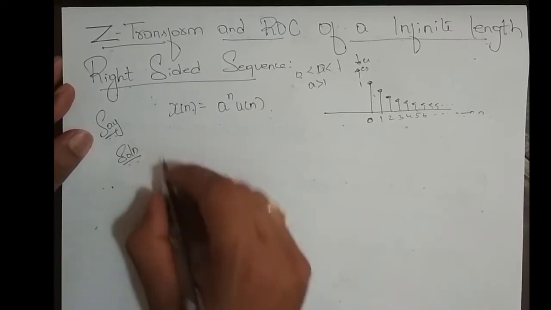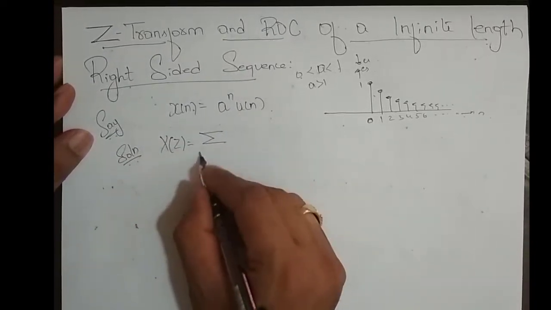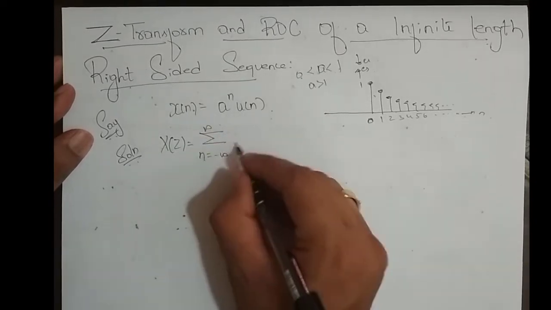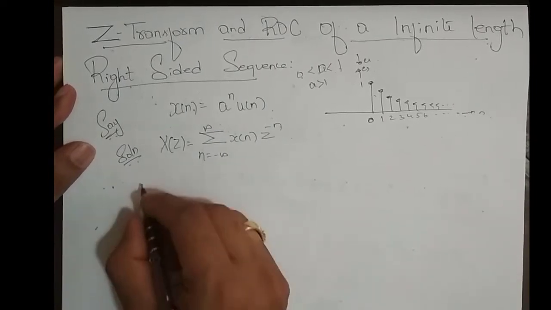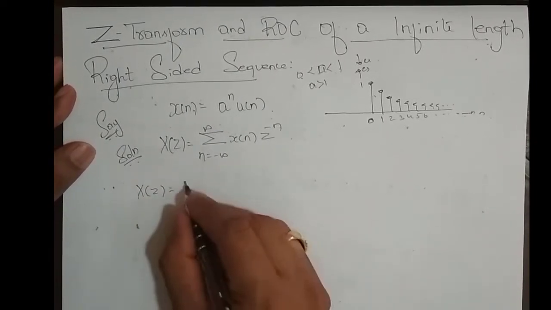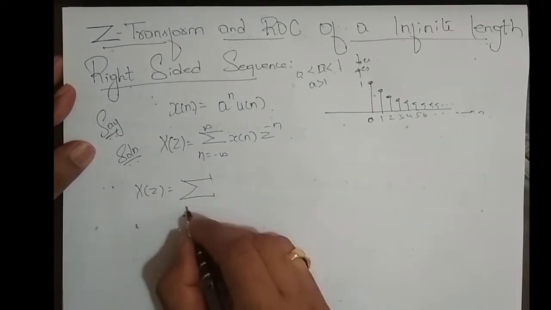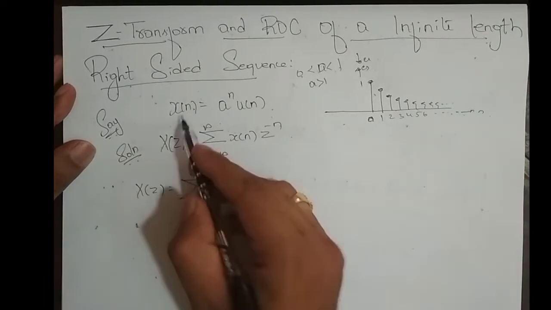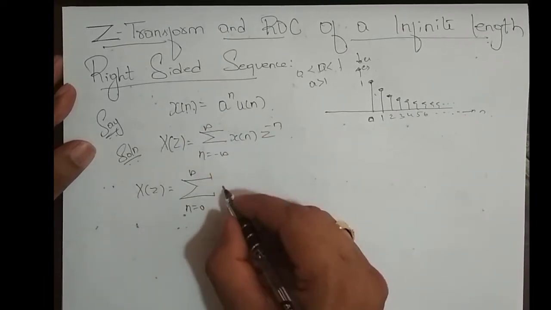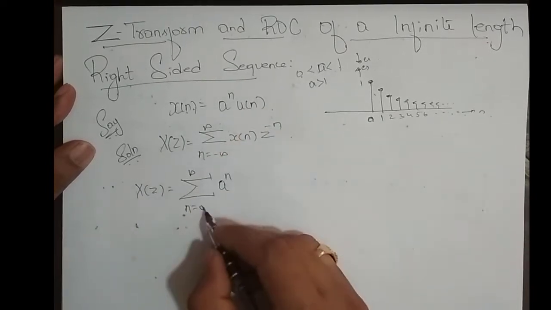Solution. What is the Z transform equation? X of z is equal to summation n varying from minus infinity to infinity x of n z power minus n, right? In this example, n is varying from 0 to infinity. For n from 0 to infinity, x of n is a power n u of n, but I don't write u of n because u of n is 1 for n from 0 to infinity.